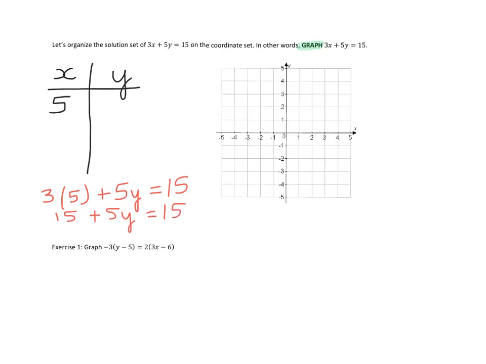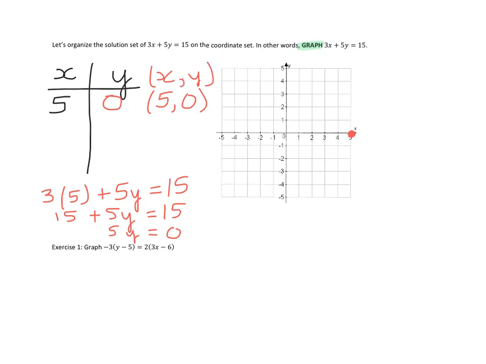Subtract the 15s. Ooh, we get 5y equals 0 after we subtract 15. So 5 times what is 0? 5 times 0 is 0. So we have our first ordered pair, 5, 0. That's our first ordered pair solution set. So this spot right here in red is when x is equal to 5 on our horizontal axis and y is equal to 0.